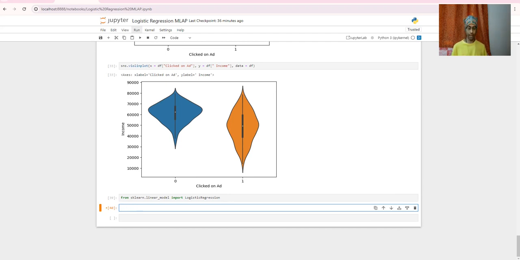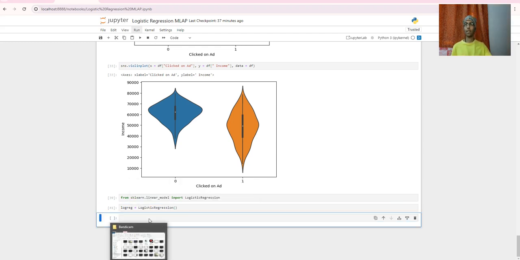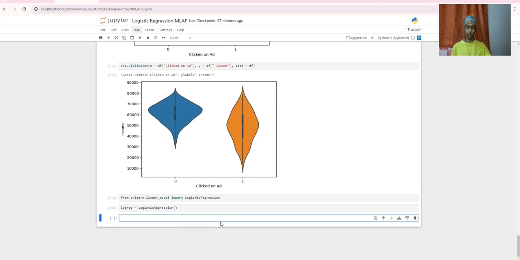Let's see how to do that. logreg is equal to LogisticRegression. We have called it. Now we are going to use it for the fitment. logreg.fit. We are going to fit it with X_train and y_train.